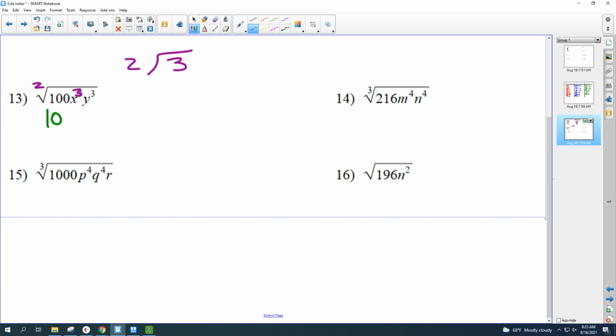So your question in your mind has to be, how many times does 2 go into 3? Once, right? And so you've got a remainder 1. So 1 comes out, 1 stays in. That's my thought process. 1x comes out, and 1x has to stay in.